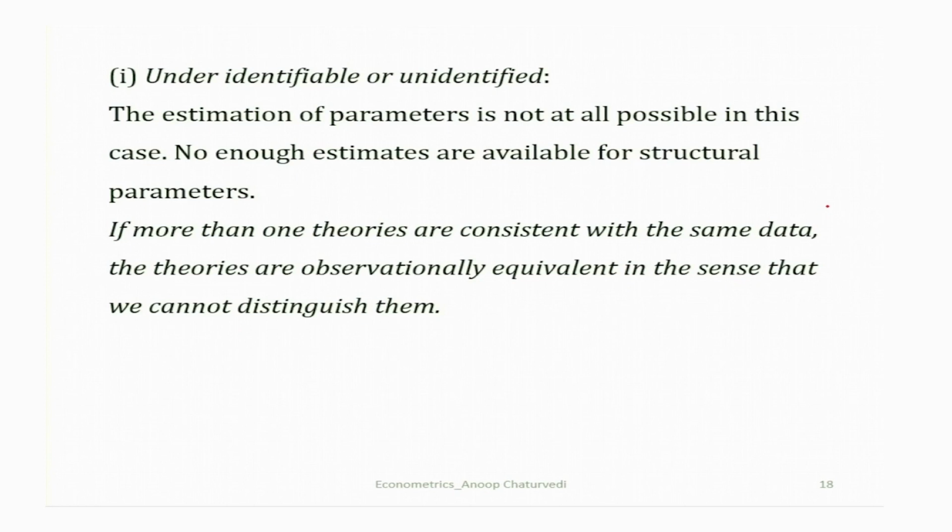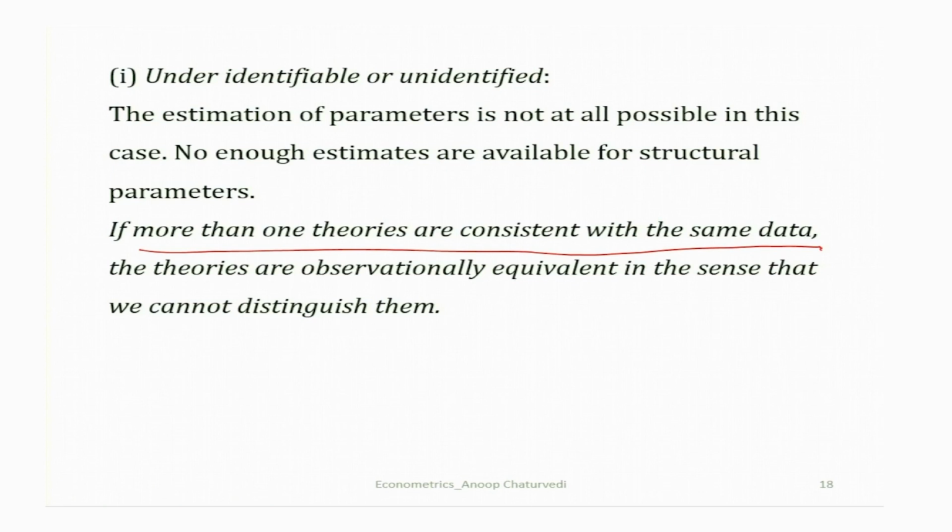Say in the first example of unidentified case, what we observe is that we cannot distinguish between demand function, supply function and a linear combination of them. So, suppose you have data on demand and supply and then you are fitting a model between demand and price, then you will not be able to say whether you are estimating demand function or supply function or one of their linear combinations.